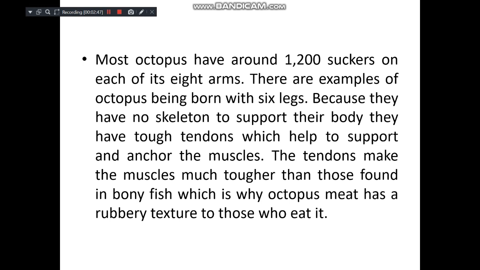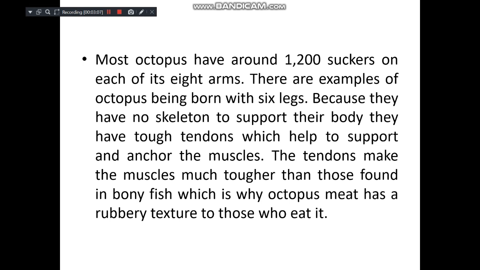Even there are examples of octopus born with six legs, very rarely, six legs. It's because they have no skeletal to support their body.